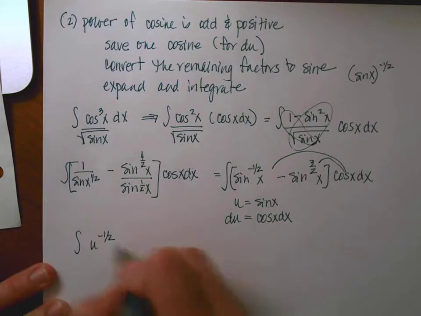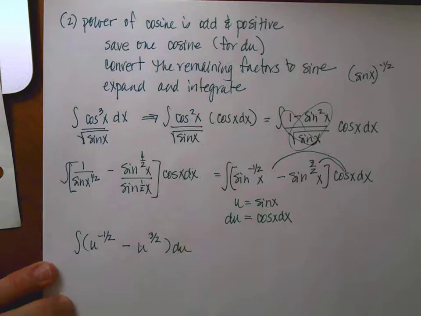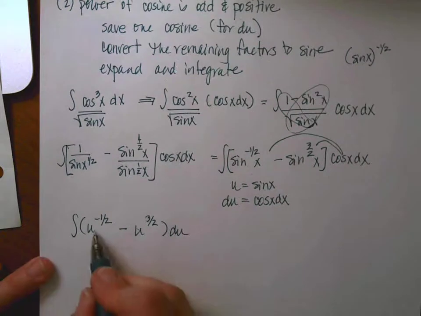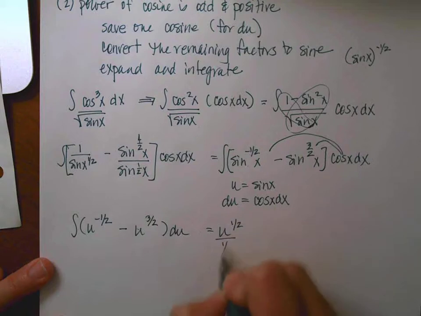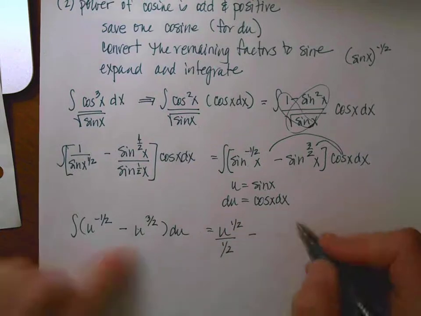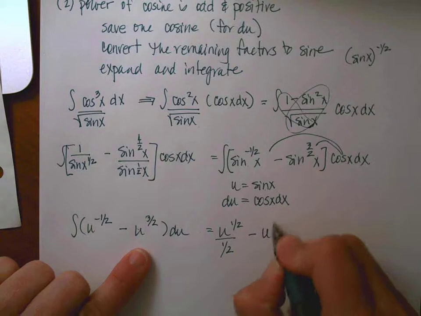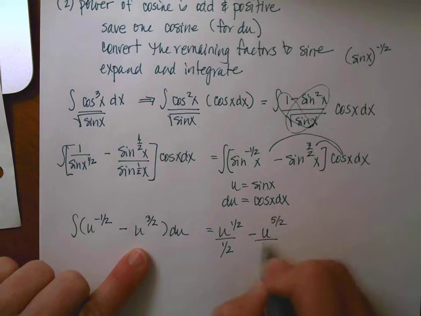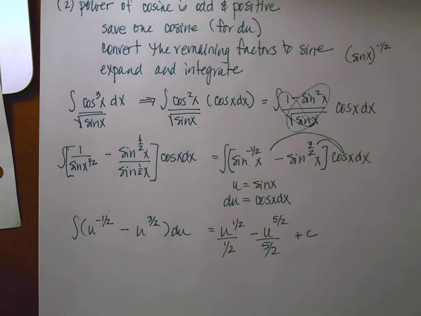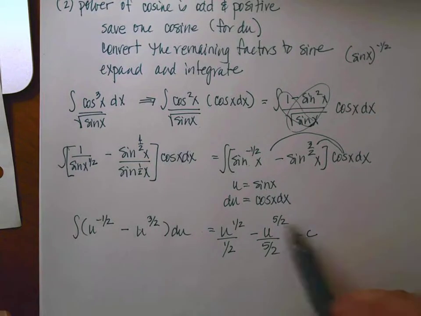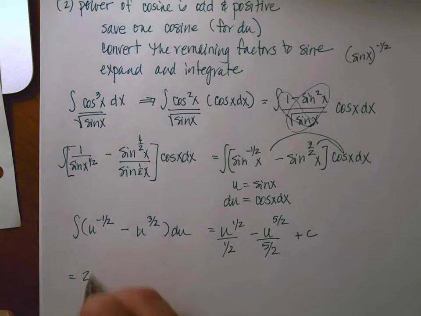I have the integral of u to the negative 1/2 minus u to the 3/2, and then I have du. Well, then this is pretty easy. This goes up a power, so I'm going to get u to the 1/2 divided by a 1/2 minus, and then go up. So minus u to the 5/2 over 5/2 plus c. Okay? And hopefully this wasn't too confusing by not rewriting it.